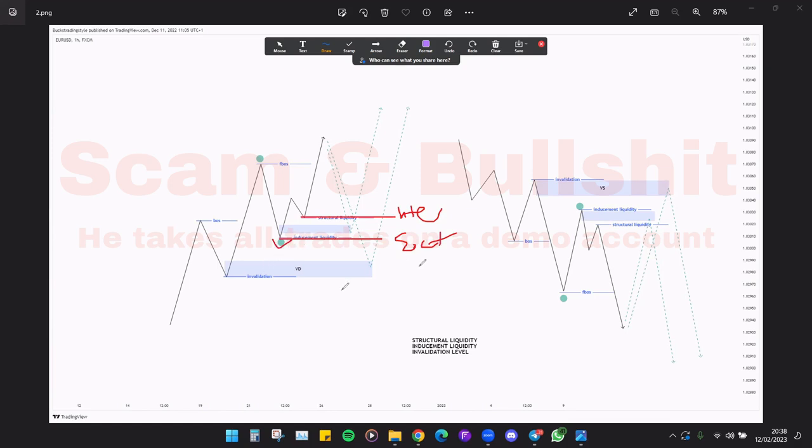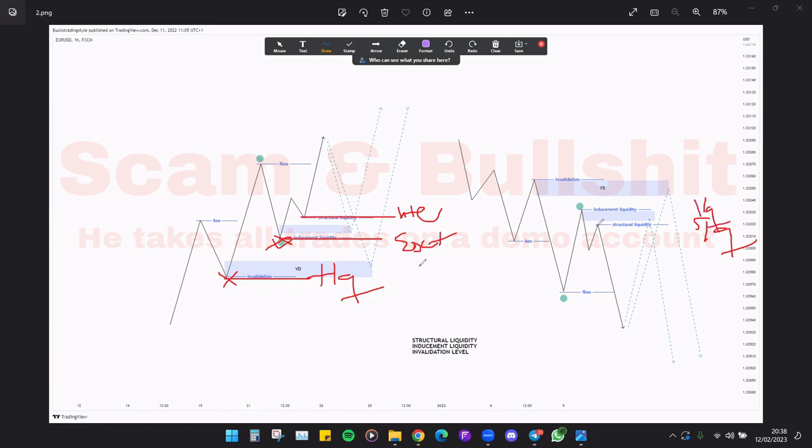Now, the third type of liquidity is the transactional liquidity. And transactional liquidity is when price takes out two levels of external structure, right? So when price takes out this level of liquidity, this one level, and when price takes this out, this becomes two levels of liquidity. Then this level right here becomes our TLQ. So after SLQ, we have ILQ.